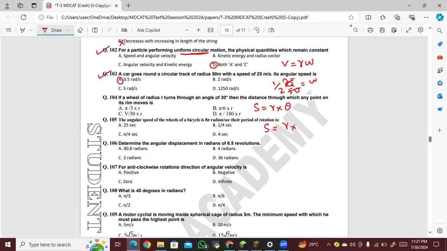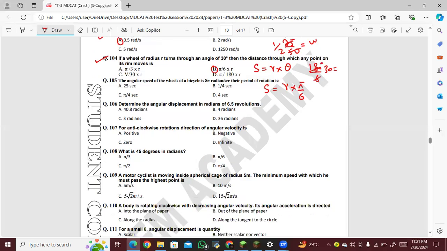If you convert this degree into radians, 30 degrees equals pi by 6, because pi is 180 degrees, and 180 degrees divided by 6 is equal to 30 degrees. So yes, the answer is R pi by 6. B is the right option.